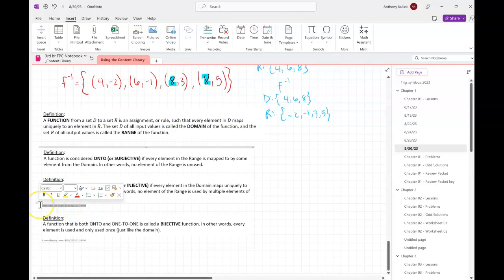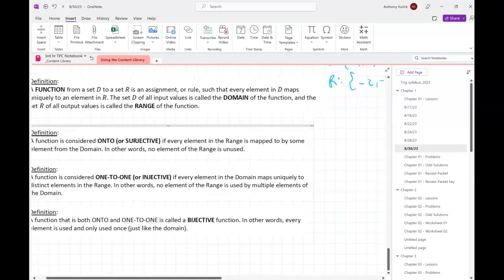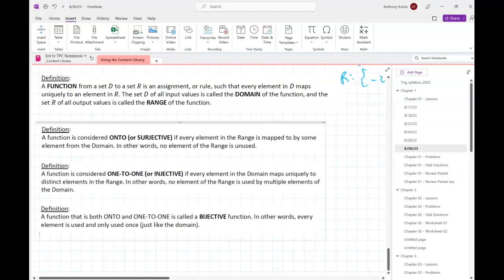So the first term is called onto, or some textbooks would call this surjective. We say a function is considered onto if every element in the range is mapped to by some element from the domain. In other words, no element in the range remains unused.